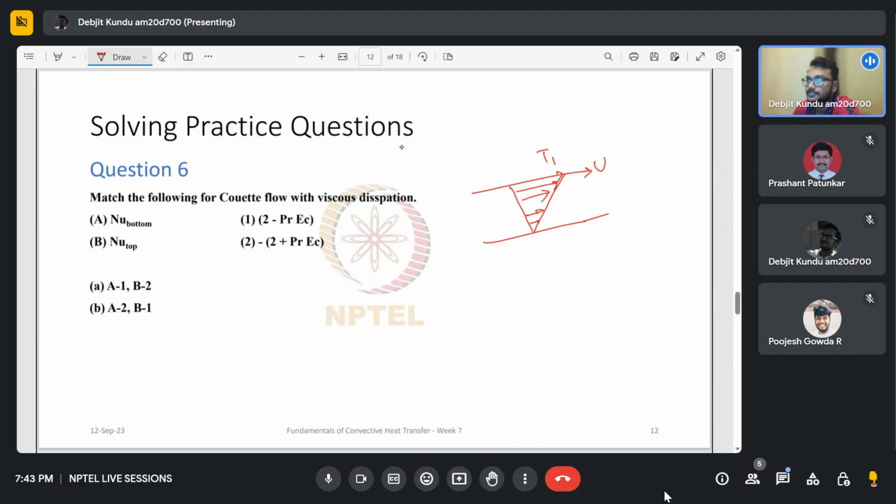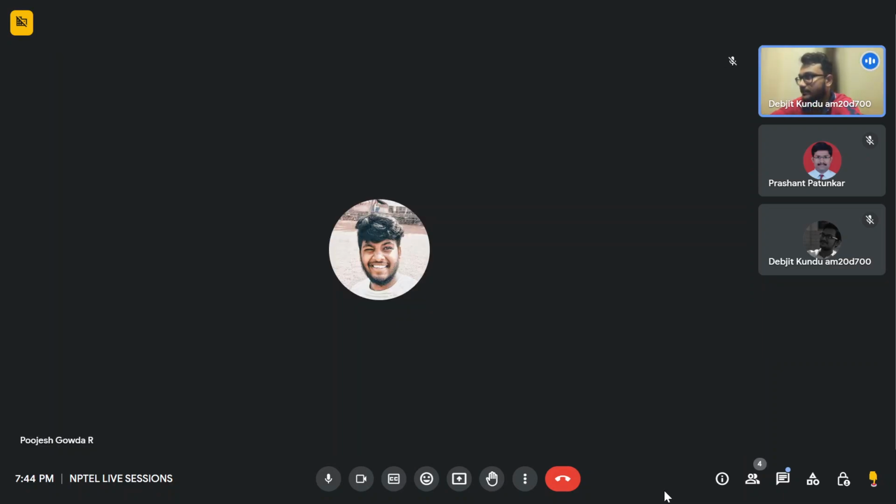This is at a temperature TH, let's say, or I'll call this T top, and I'll call this one as, what happened? Wait a second.